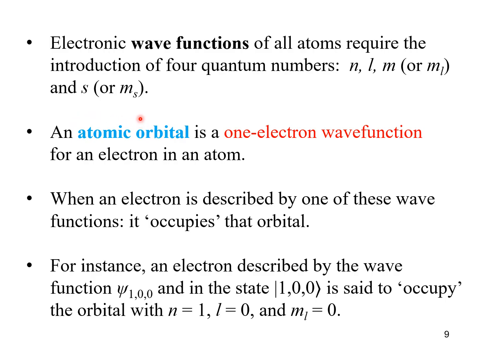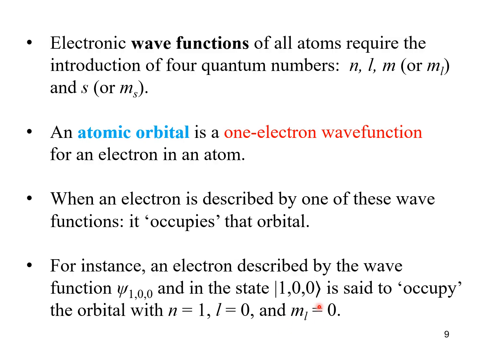Based on the quantum mechanical description, we can define an atomic orbital as a one-electron wave function for an electron in an atom. When an electron is characterized by one of these specific wave functions, we say that it occupies that orbital.